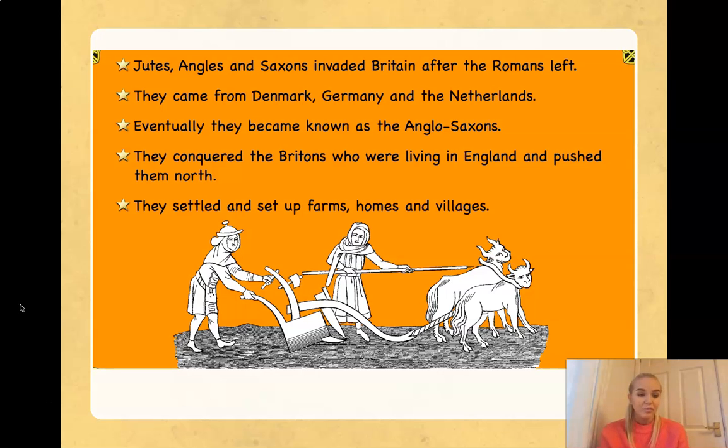And then the Roman governor of Britain wanted some protection for Britain, and they were told, no, we can't have anyone to protect them, so they had to abandon the land. And then we know at the time the Angles and Saxons were coming over from Denmark, Germany and the Netherlands.